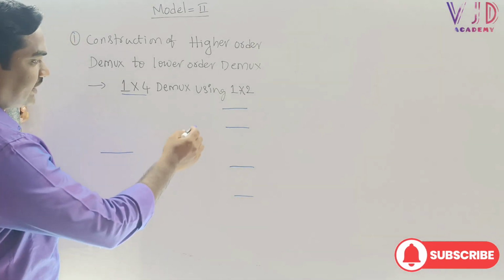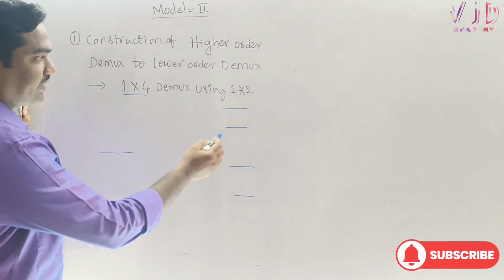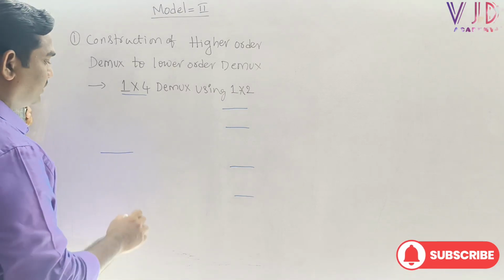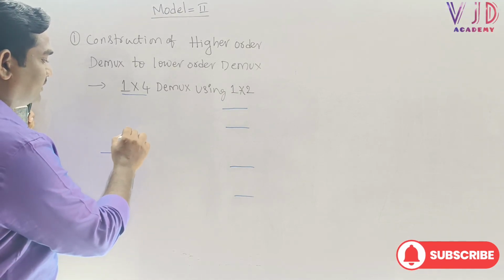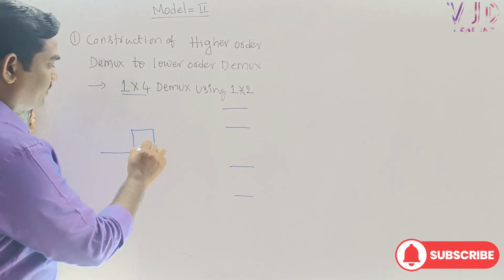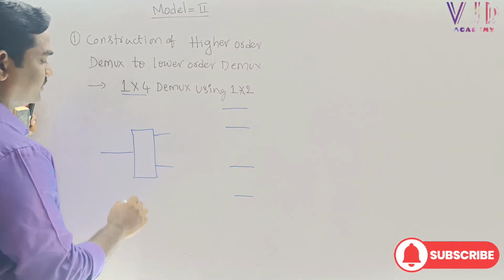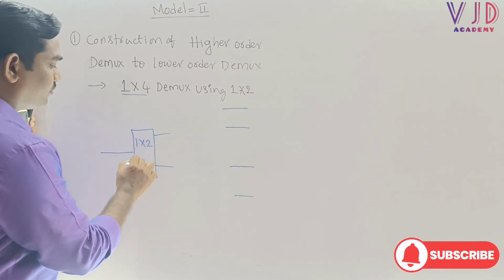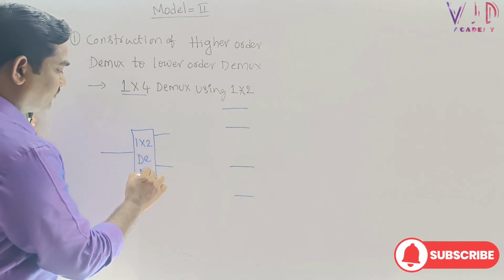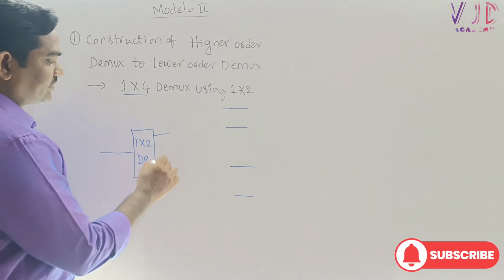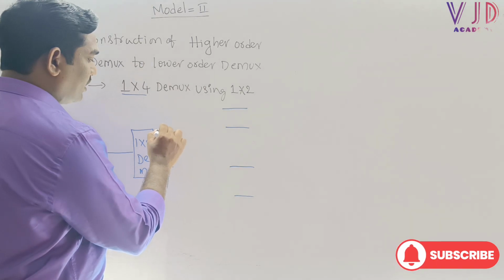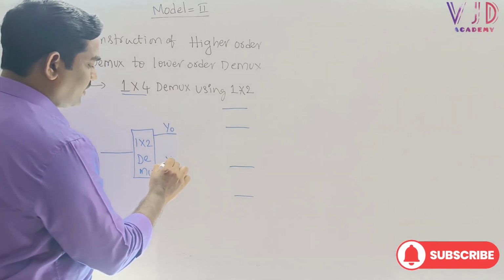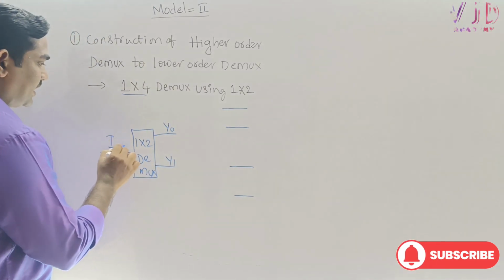This entire construction must be done with the help of 1 into 2 demultiplexers. Yes, sir, 1 into 2 demux. This is one input, and one output y0 and y1, and input is I.